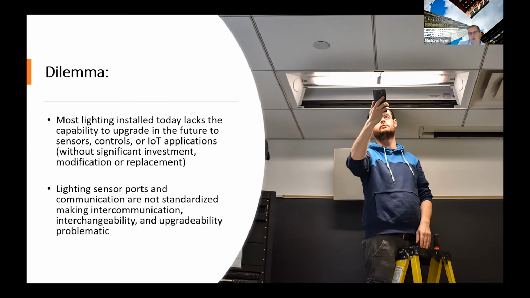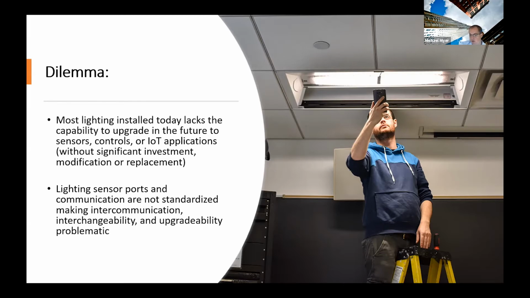Light sensor ports and communication ports are not standardized. That's the other big dilemma. Right now, every manufacturer makes a slightly different sensor size. If you wanted a competitive specification for your project, you would be doing a lot of work during the design phase.